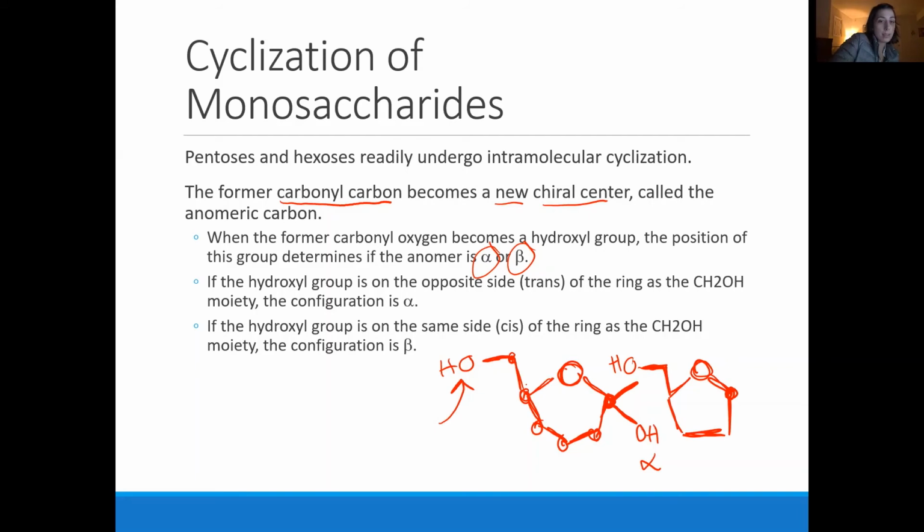So alpha means that the groups on the left and the right of the oxygen are trans of each other. And beta means that the groups on the left and the right of the oxygen in the new cycle are on the same side. That is the beta position.